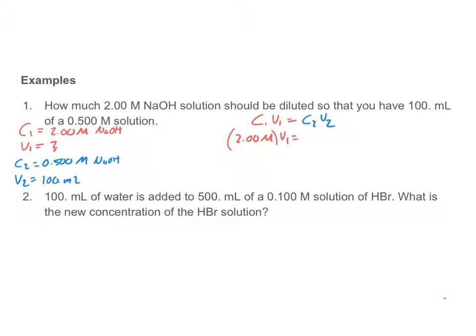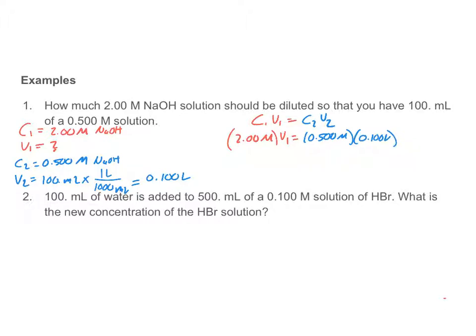Now, my volume is in milliliters, so I'm going to change that to liters to keep things the same. In 1 liter there are 1,000 milliliters, which gives me 0.100 liters. My secondary concentration that I want to make is 0.500 molar. The volume that I want to produce is 0.100 liters, or 0.1 liters.